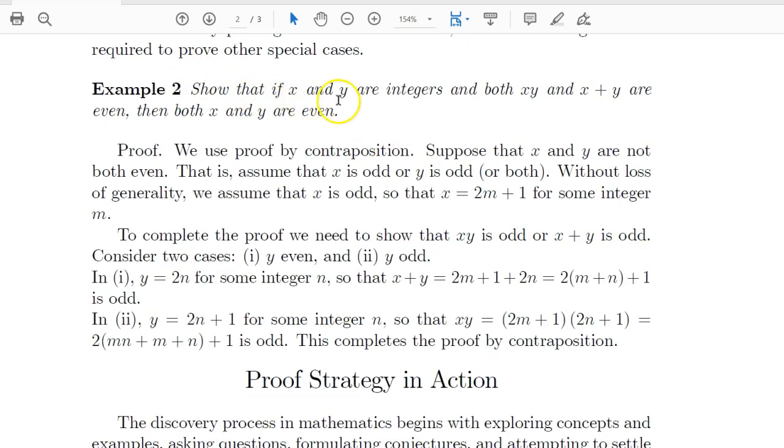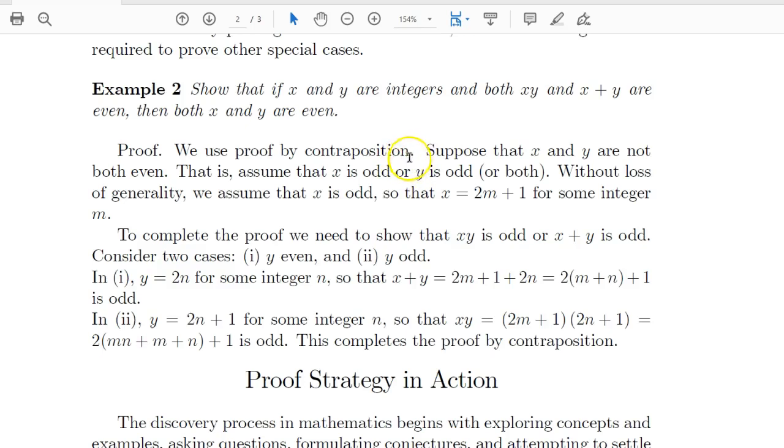show that if x and y are integers and both x times y and x plus y are even, then both x and y are even. Proof. We use proof by contraposition.